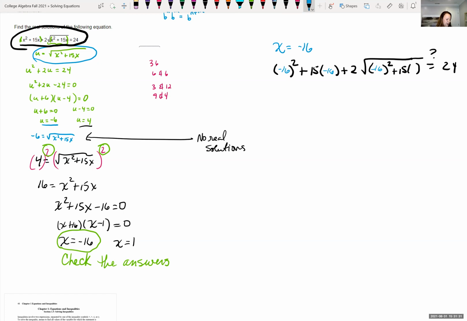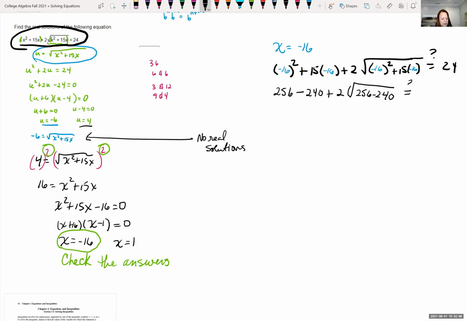So if I square -16, I get back 256, minus 15 times 16, which is 240, plus 2 times the square root of 256 minus 240.